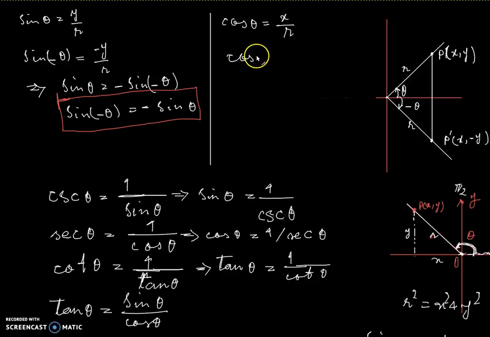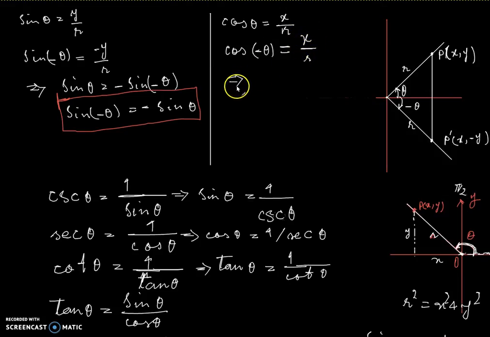And cos minus theta, again we have the same x value, so x divided by r.